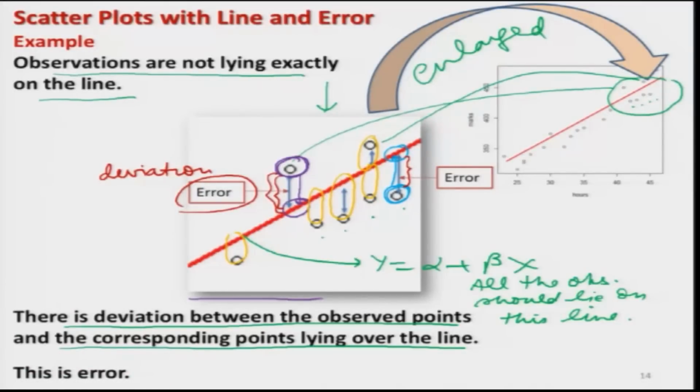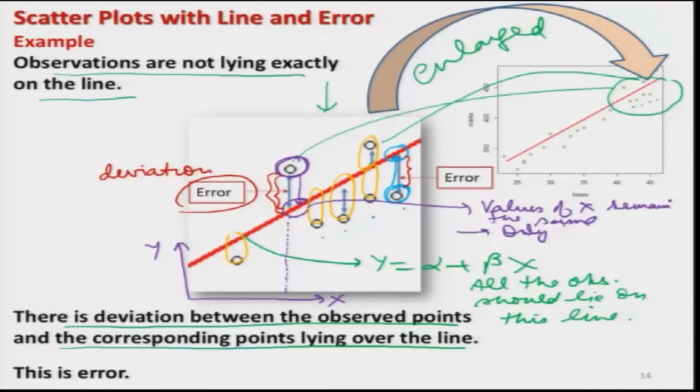One is indicating the x axis, and here it is indicating the y axis. If you look at this line, the values of x remain the same, only y is changing.